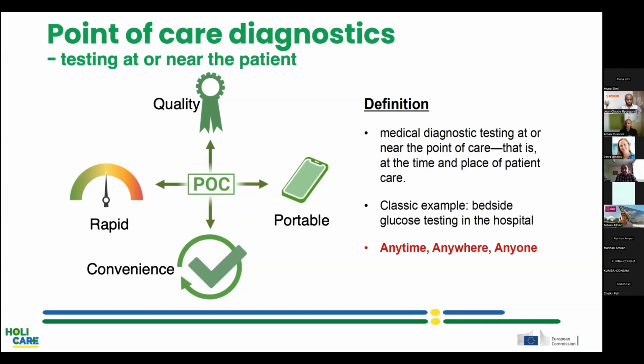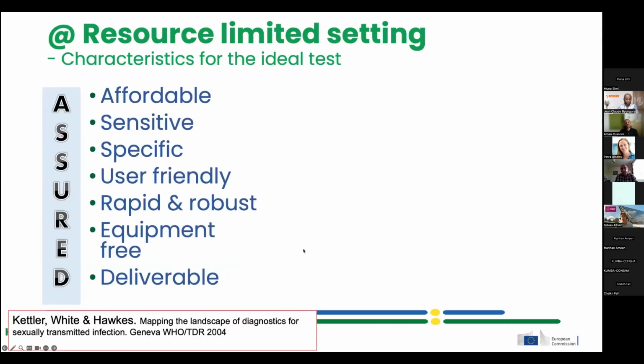And when you look at it from a resource limiting settings perspective, we often talk about criteria that need to be fulfilled. This is the ASSURED criteria, and ASSURED stands for affordable, sensitive, specific, user-friendly, rapid, robust, equipment-free, and deliverable. This is a kind of shopping list for technology providers in order for a technology to really be applicable at resource limiting settings.